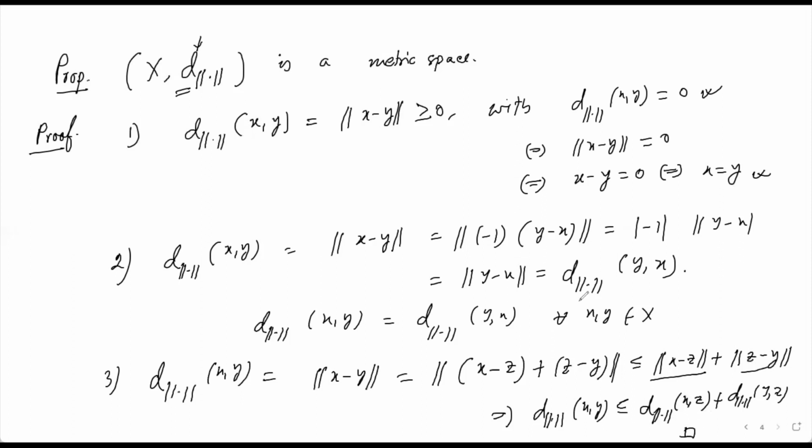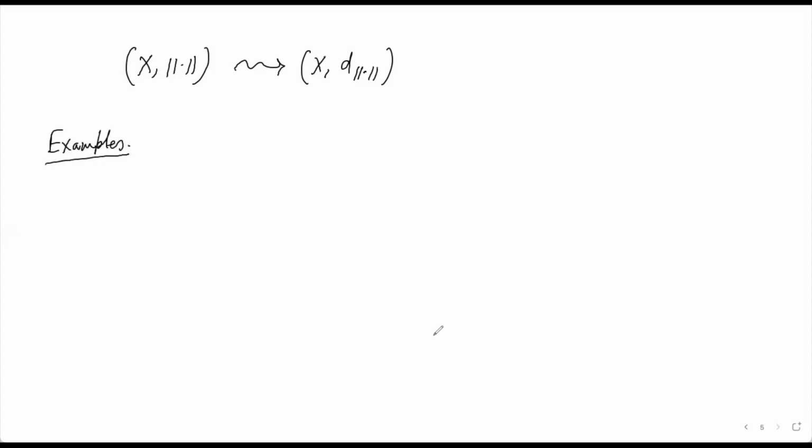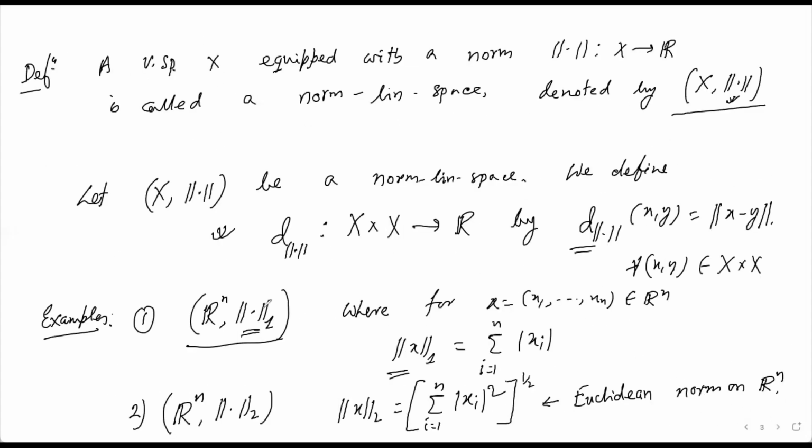Okay, so for a given normed linear space, we have a metric space (X, d sub norm), where this metric is induced by the norm on the vector space. For example, we have already seen that this is a normed linear space, and this is also a normed linear space, and this normed linear space induces a metric on the vector space.